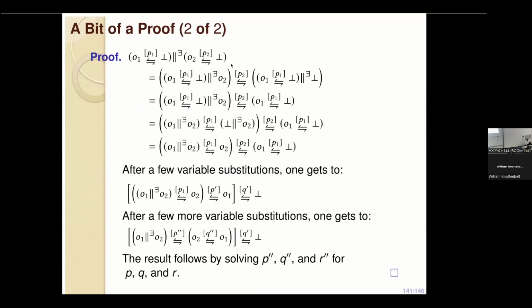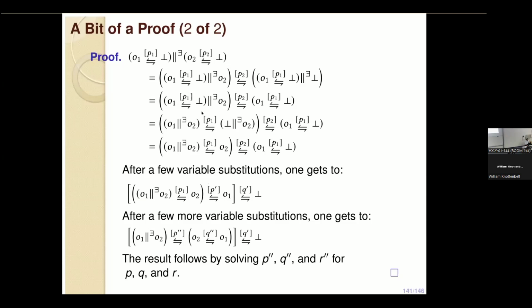And so it's left distribution, and then I get this one. Then I realize that this can be shrunk to this one, and then I distribute this and that, right? And again, I perform the same kind of shrinking, and then I perform some variable substitution, and I get this one.